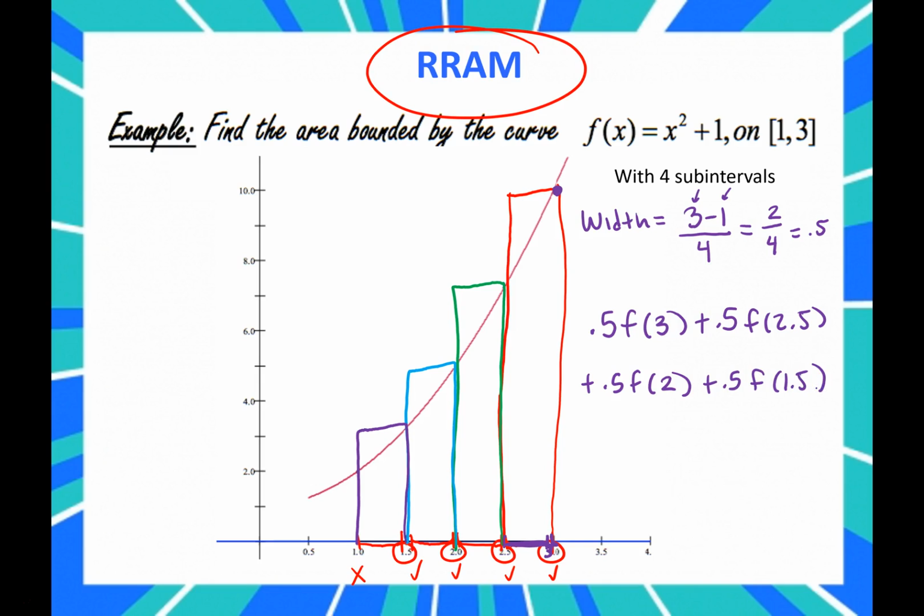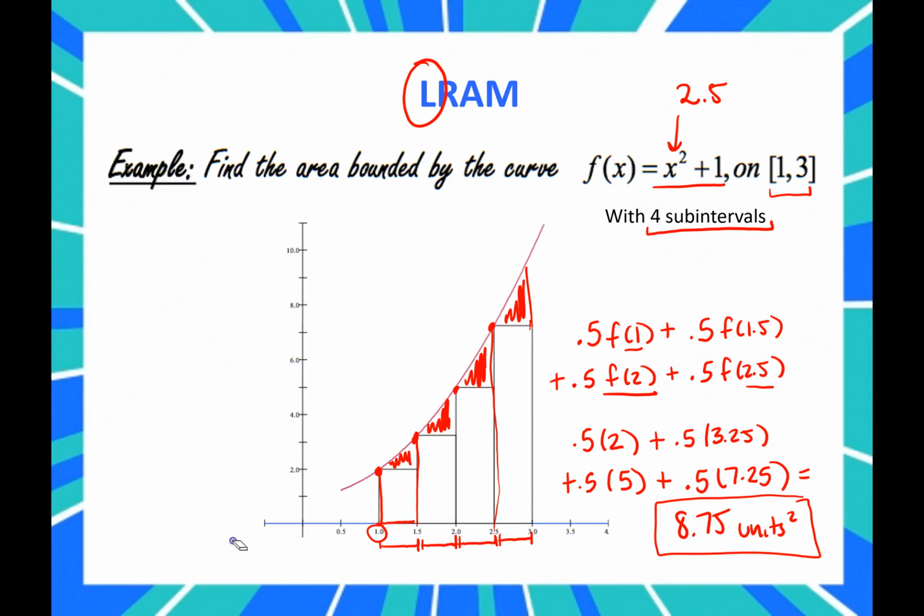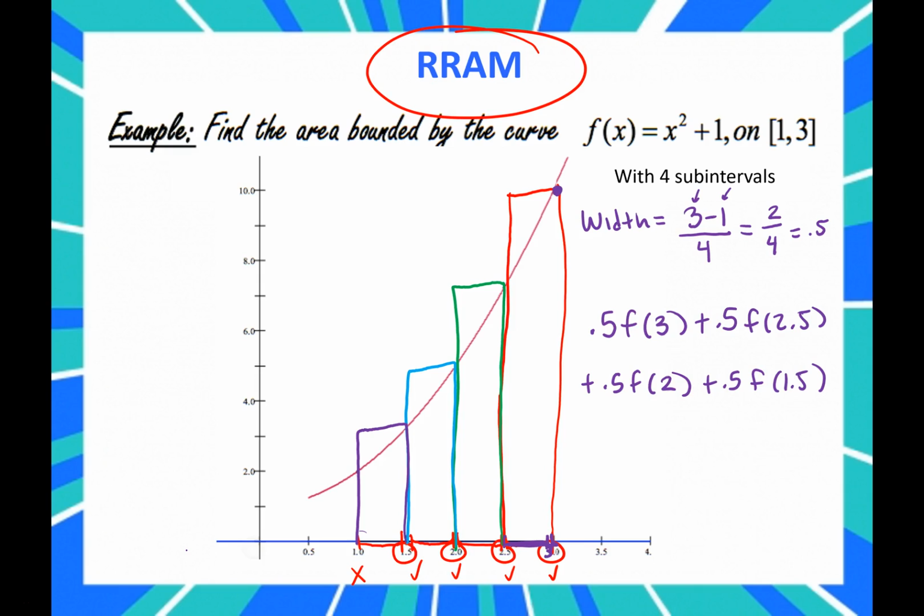Notice how I don't have an f of 1 because there's an x here, but I have an f of everything else. And similarly, going back to this problem, notice how we did not have an f of 3 here. It just stopped at 2.5 because this was LRAM. We were using this one, this one, this one, this one, and not that one. So that's going to be the difference in your formula.